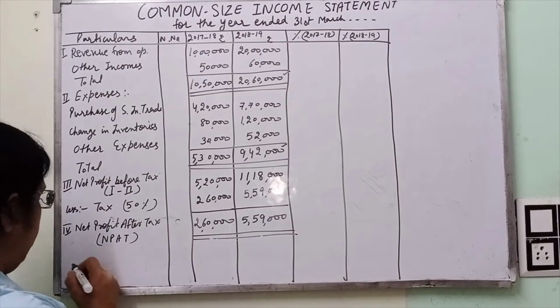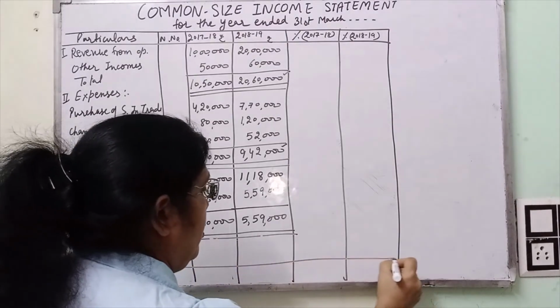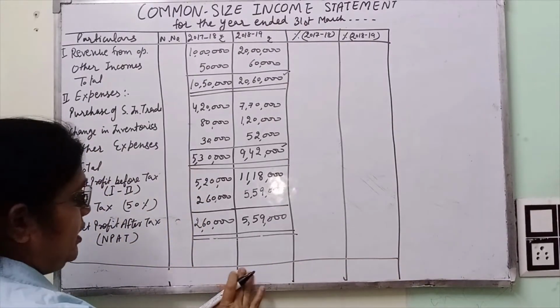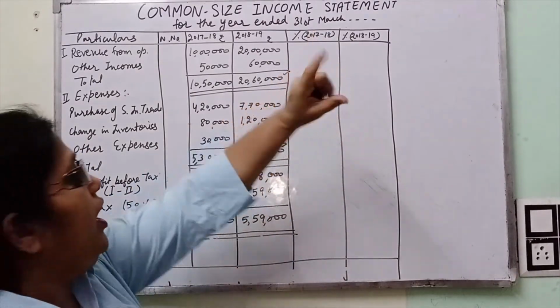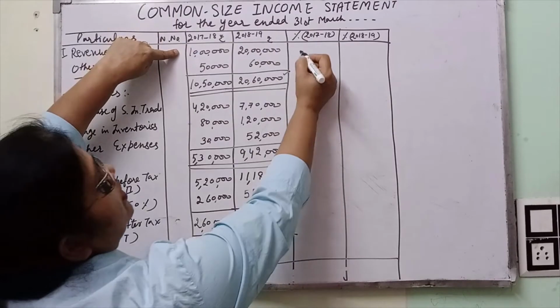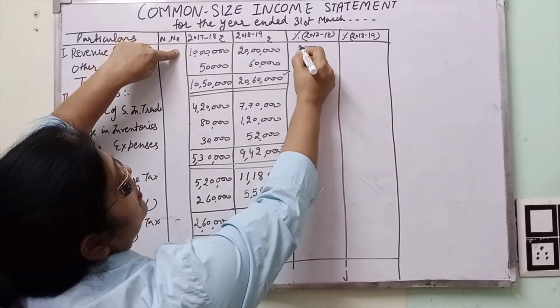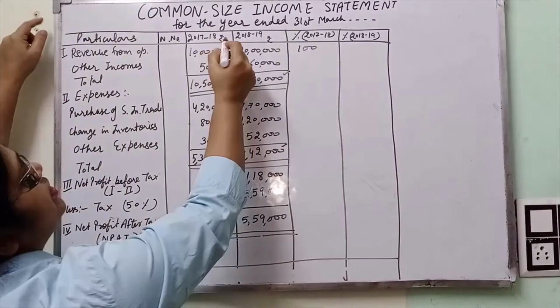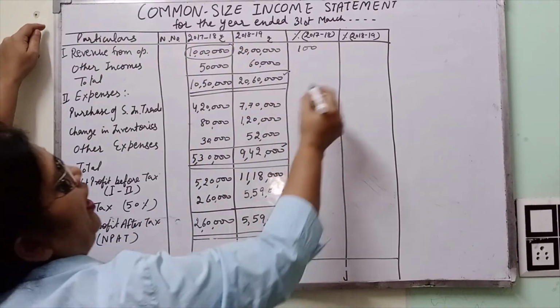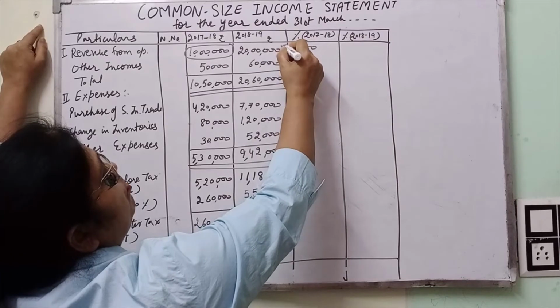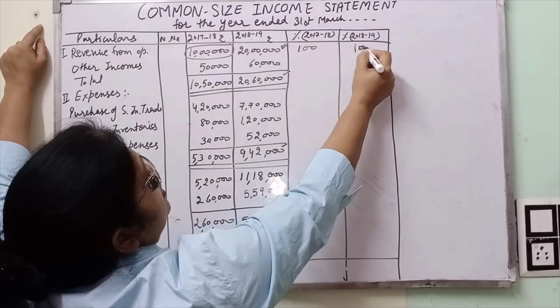This is all which is given in the question. Now we have to solve percentage change for the previous year. I told you that revenue from operation is to be considered as 100%. For the previous year, this amount will be considered as 100%. And for the current year, this amount will be considered as 100%.